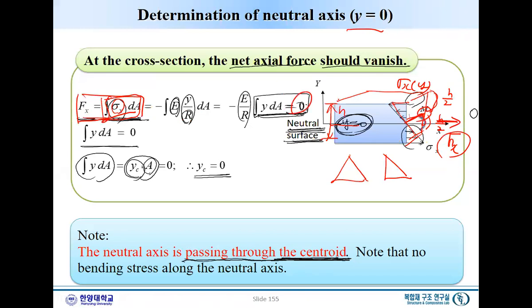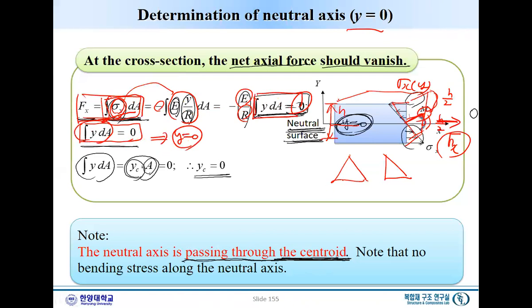Because we didn't apply any axial force, the summation of sigma x over the cross section should disappear. So sigma x, we do know this relation, so we put it here. And then we integrate here, when we integrate, E and R are constants, so it has to be 0. So now you can see that the integral of y dA has to be 0.